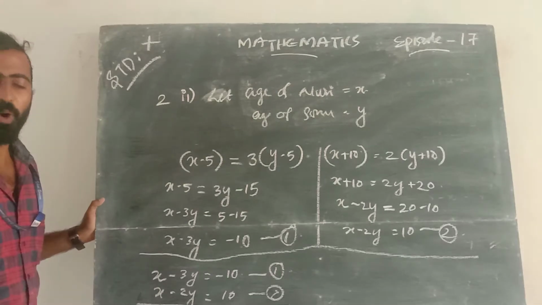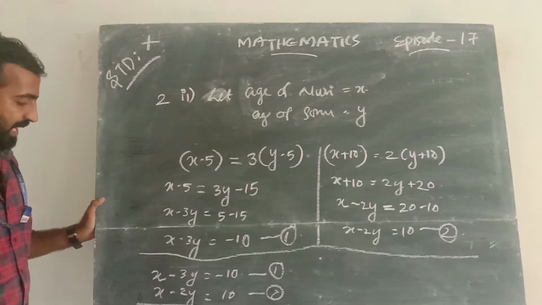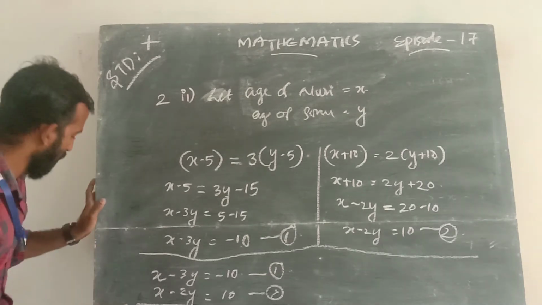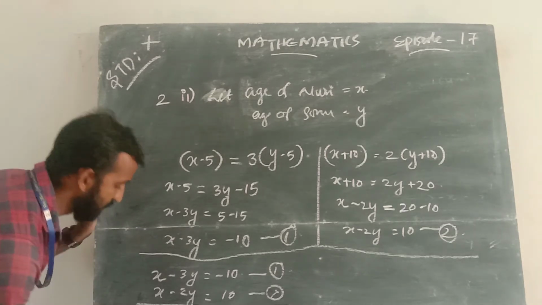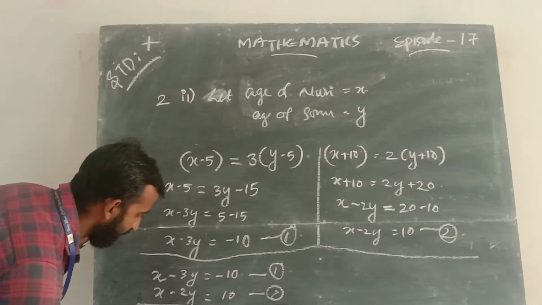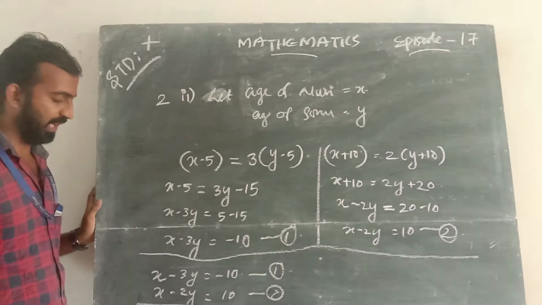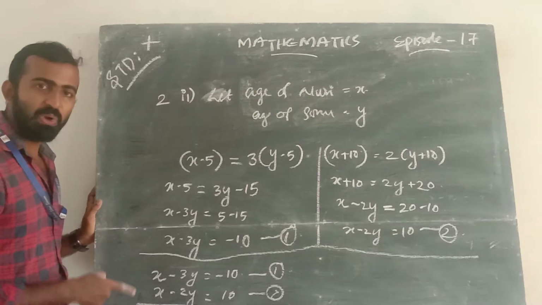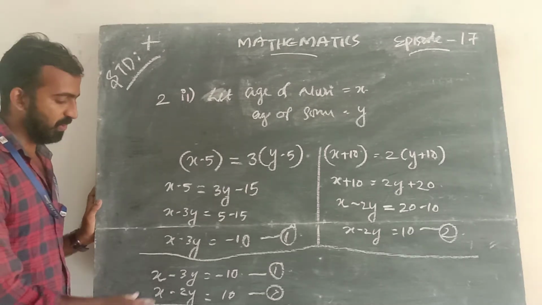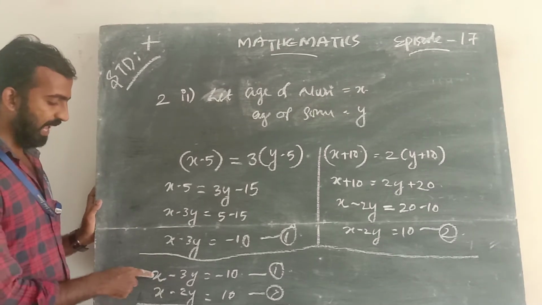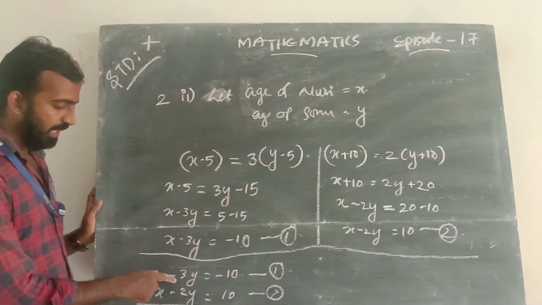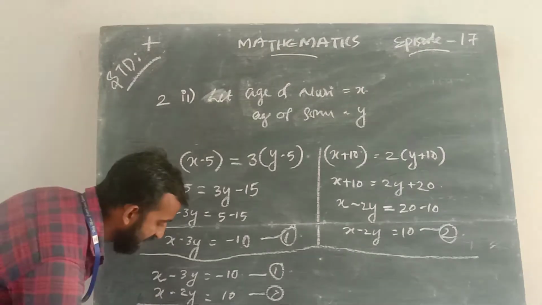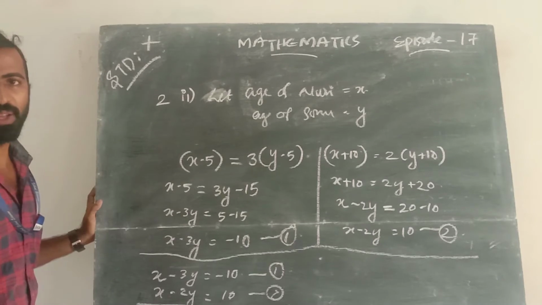When we operate here, x is positive 1 and positive 1, so we take the subtraction, equation 1 minus equation 2. So x minus x is 0, and negative 3y minus negative 2y, we get negative y.